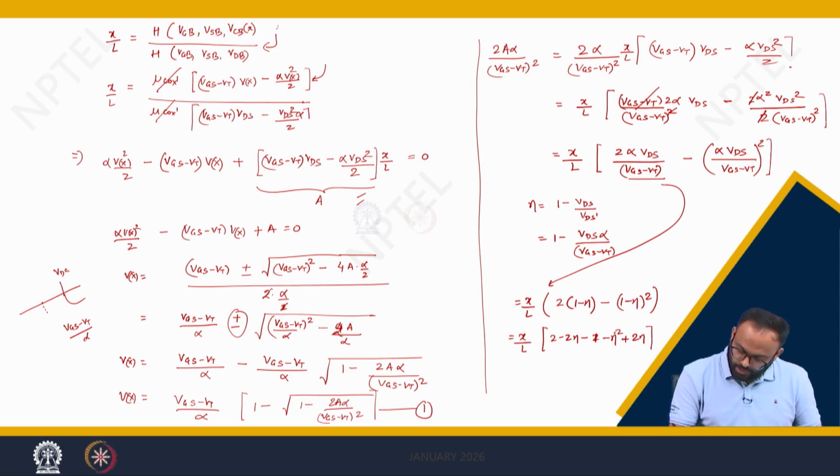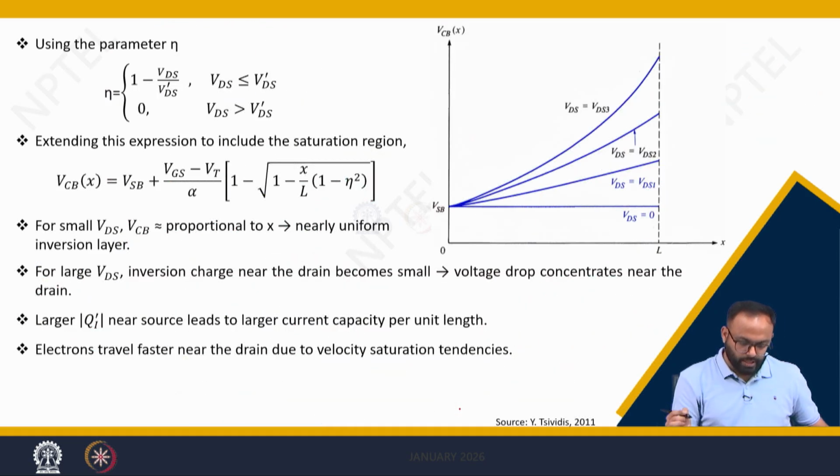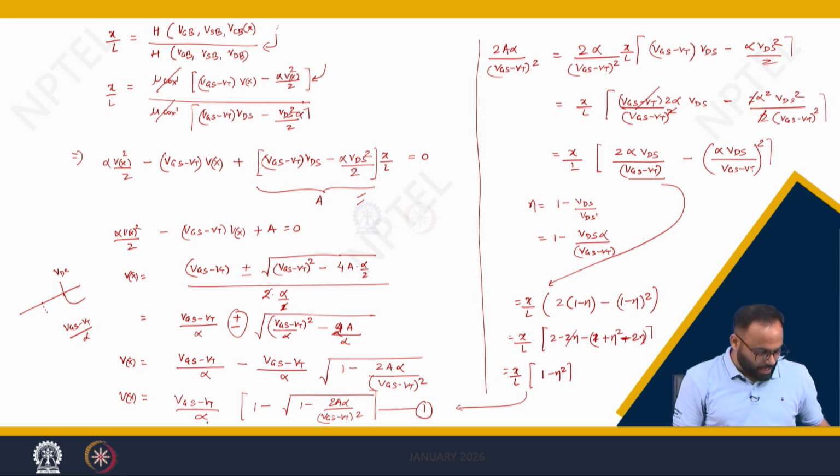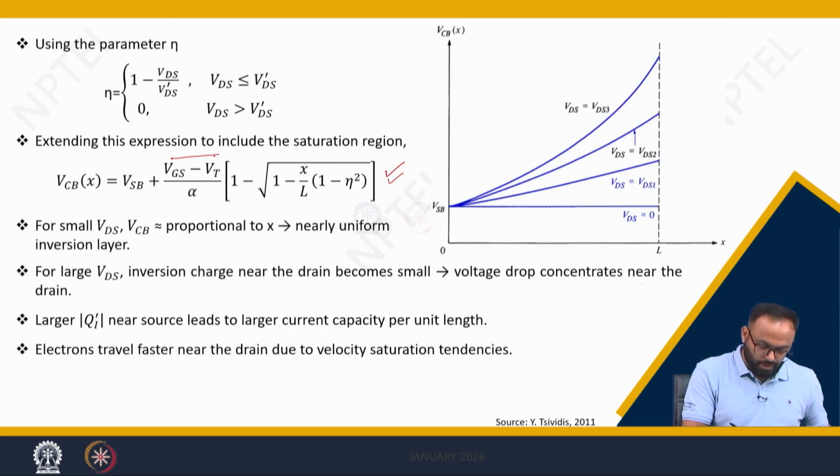So you will be left with, ultimately, x by L, 2 minus 1 is 1, minus eta square. And now you put back into equation number 1, and ultimately you will get this, correct. We are getting that same equation as (Vgs minus Vt) by alpha into 1 minus square root of 1 minus x by L into 1 minus eta square.